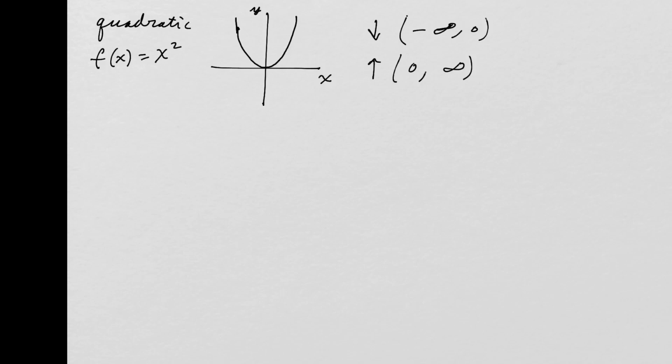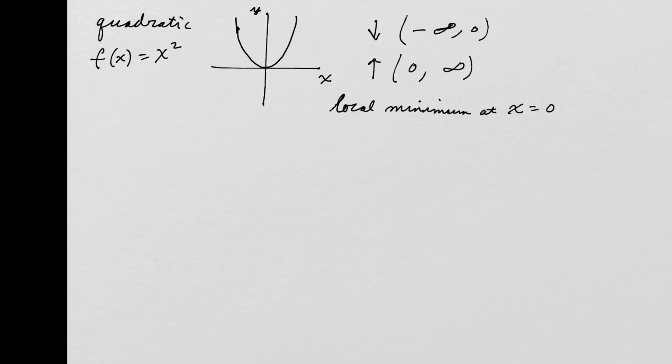Right, and in fact, in this case, there's a local minimum at x equals 0. It also turns out it's a global minimum. We'll talk about that in a little bit.